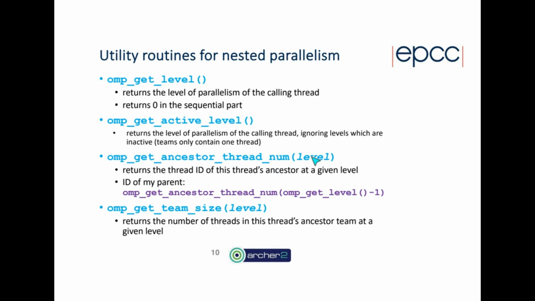And then for a given level, you can get your ancestor thread number, so you can figure out the number of your thread at different levels in the tree above you. For example, if you want the ID of your parent, you would call get level, subtract 1 from it, and then pass that to ancestor thread number.